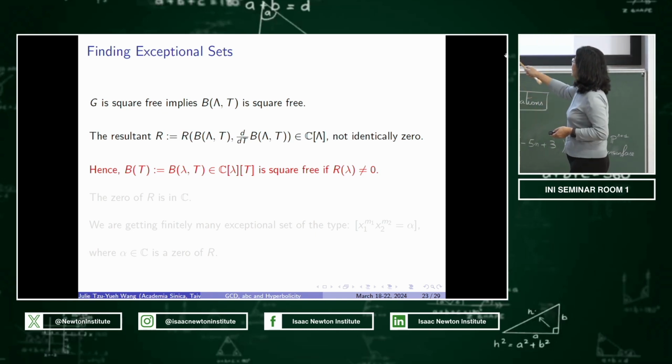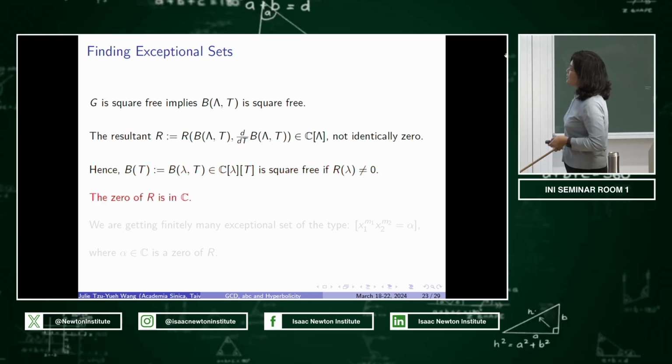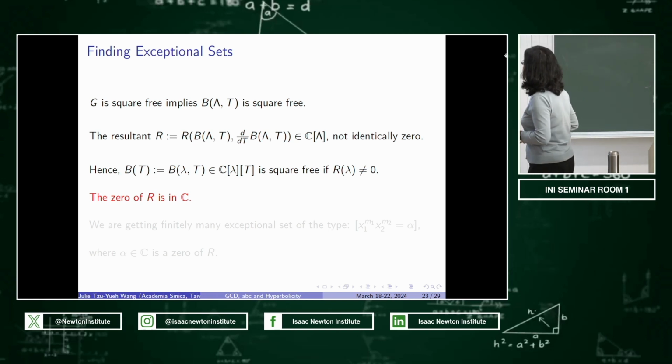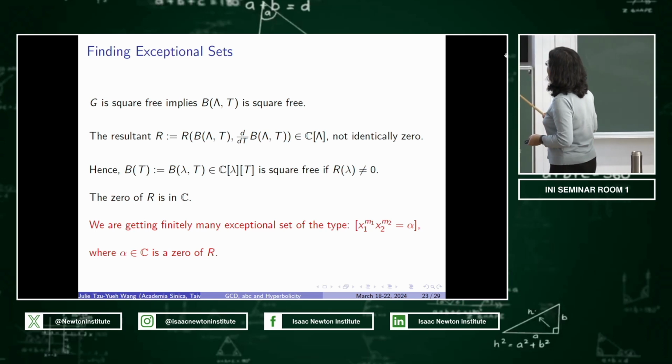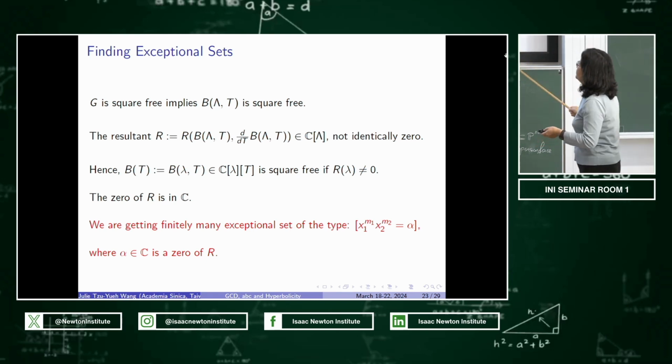So first, we make a specialization here. We take lambda which is not a zero of the resultant. In this case, if your polynomial is starting from C, then the resultant is still in C. We take out those zeros of the resultant, and they give you the exceptional set, in this type of form.